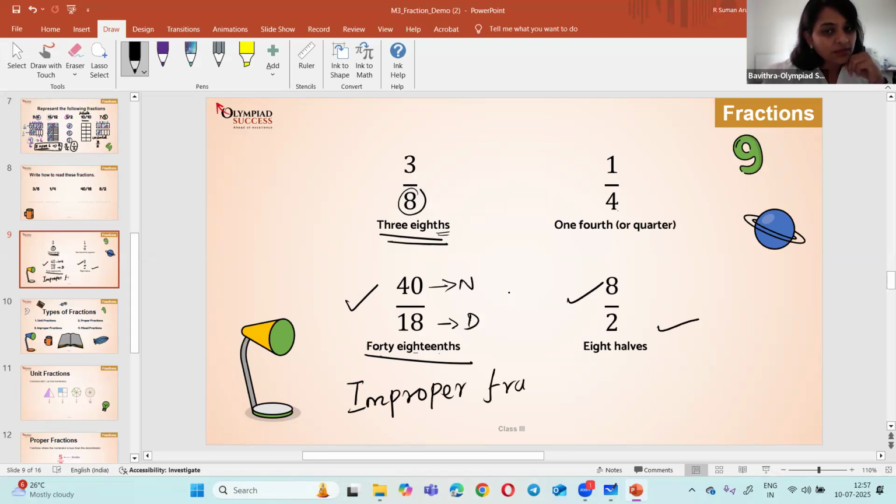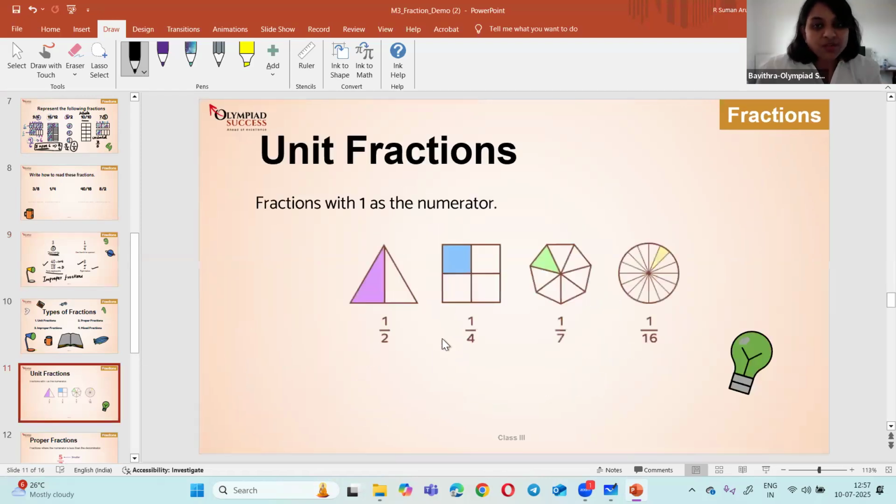These are the types of fractions, Jaiveer. Proper fractions are the ones where the numerators are smaller and improper fractions are the ones where the numerators are bigger. And there is one more, unit fractions, where only 1 can be the numerator. For example, 1 by 2, 1 by 4, 1 by 7, 1 by 16. All these are called unit fractions because all the numerators here are 1.